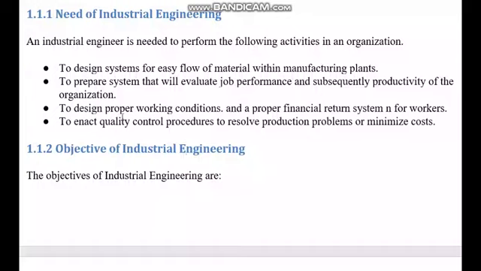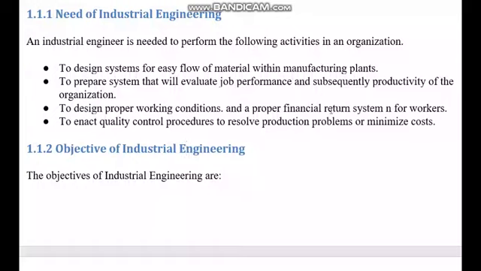The third activity can be to design proper working conditions and a proper financial return system for workers. The working conditions are required for the workers who are working there: safe and hygienic working conditions. That you have to provide for them, and you have to provide a financial return system.